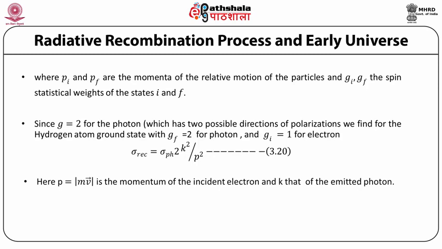Here p is equal to mass into the velocity vector, the momentum of the incident electron, and k vector is the momentum of the emitted photon.